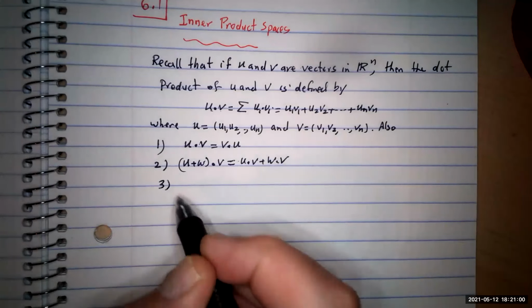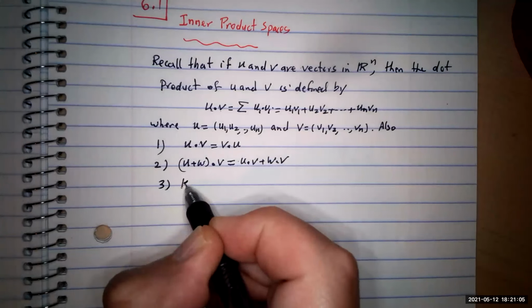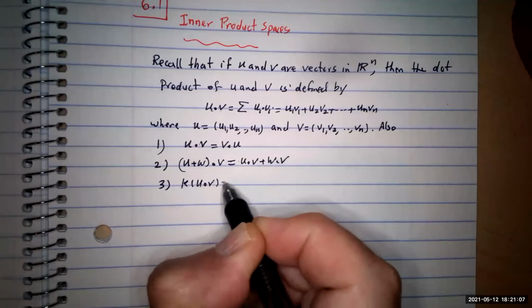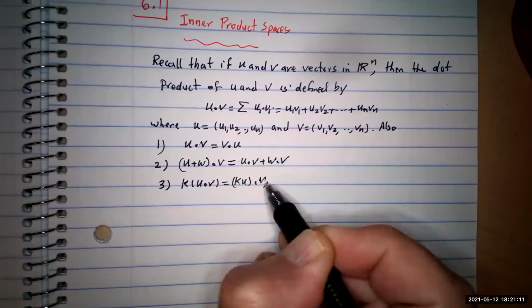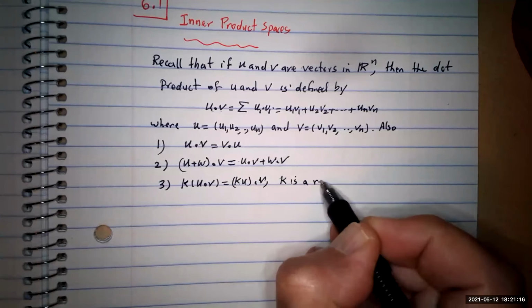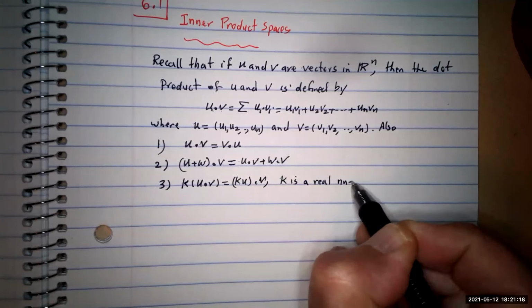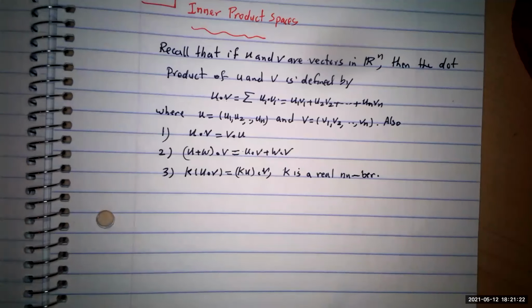Then the other one was if you have a constant k times the dot product, that was k times u dot v, where k is just a real scalar. The complex case we are going to do later on.